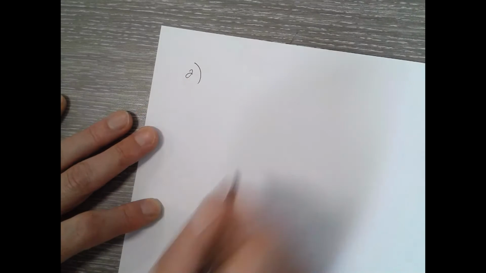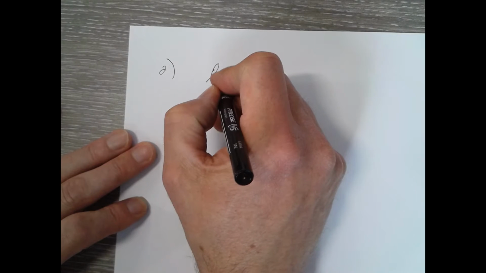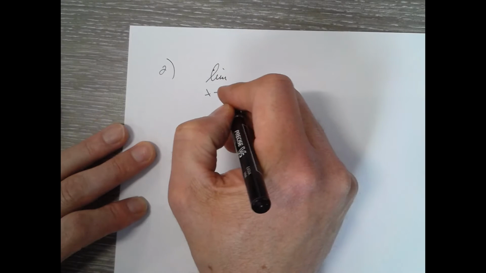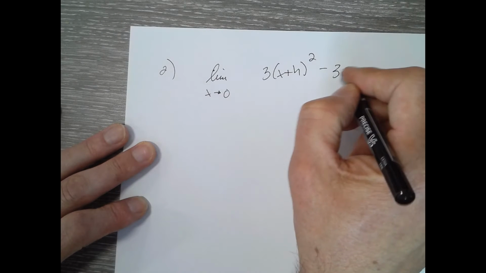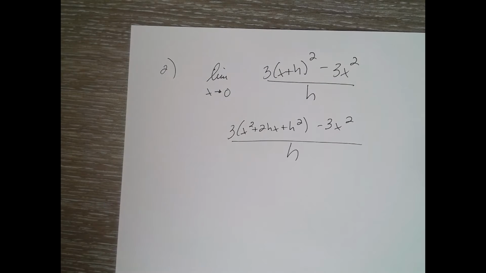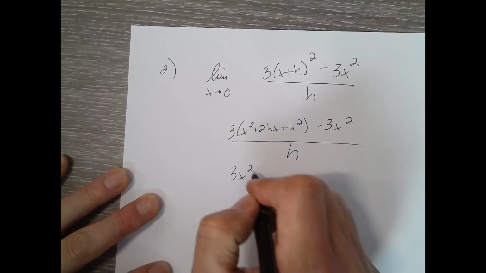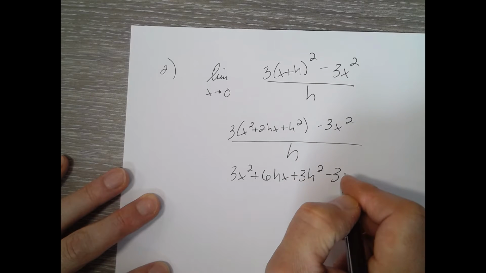I will call it number 2. Alright, so cleaning this up, distribute: 3x squared plus 6hx plus 3h squared minus 3x squared.